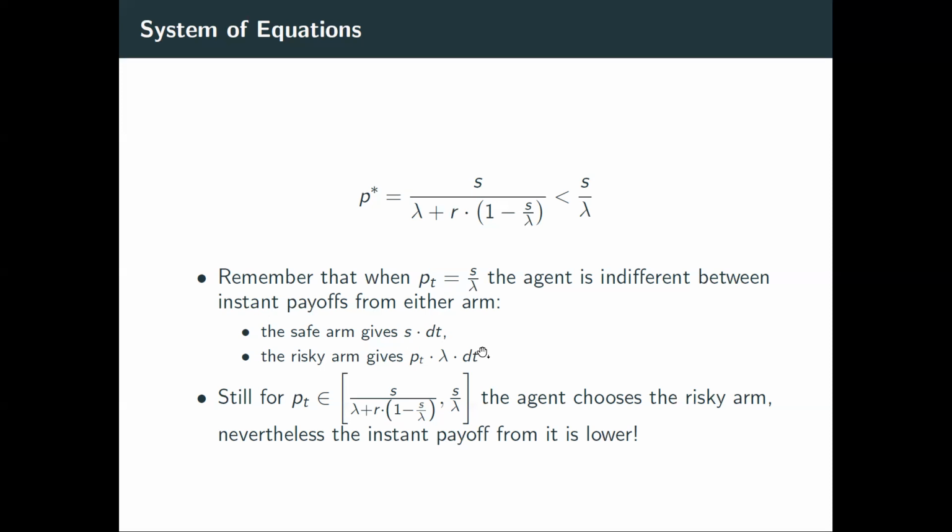But you have an option value here: occasionally you can get arrivals, and this will make your payoff jump instantly high. And therefore, for some region below this myopic cutoff level, you still prefer to use the risky arm, because occasionally you can be just lucky, and then you will jump to belief equal to 1 and proceed with this after.